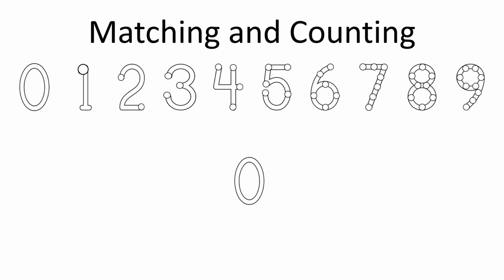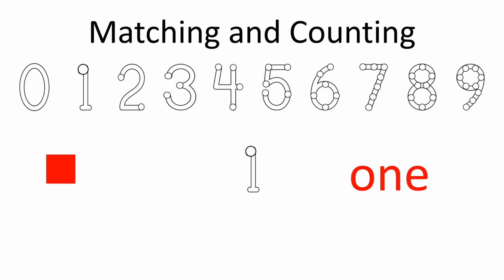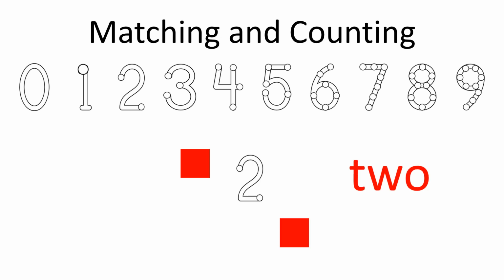So you can see we have 0, and there's the word 0. We have the digit 1, and we have 1 square, or it may be 1 brick. 1. There's 2. And you can see that the digits have podules, which are little circles which represent the quantity that that digit summarizes or symbolizes.